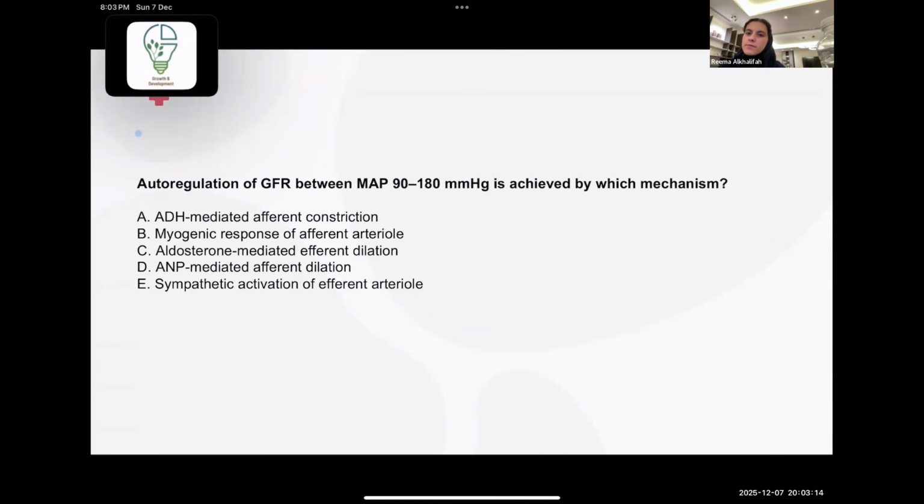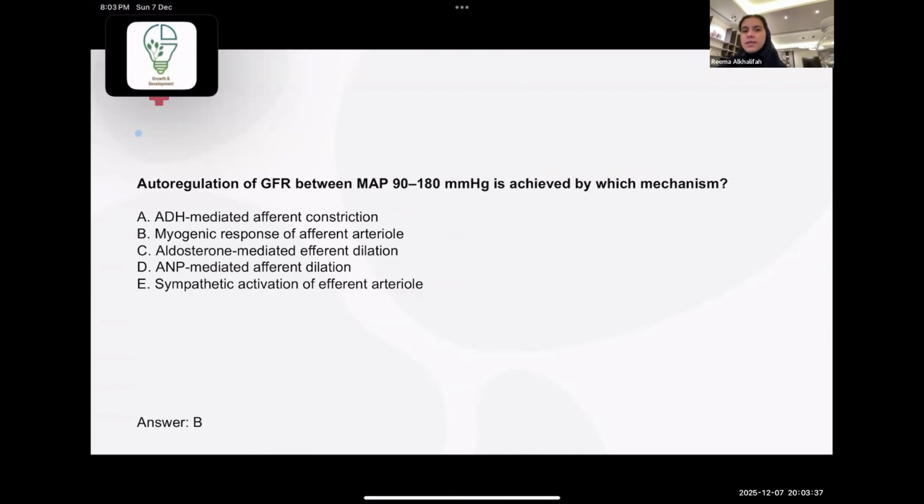So we said autoregulation is by two mechanisms. We said the myogenic mechanism and the tubuloglomerular feedback. So which one of those two is mentioned in these choices? It's B, myogenic response of the afferent arteriole.